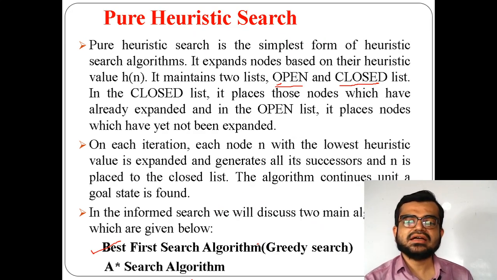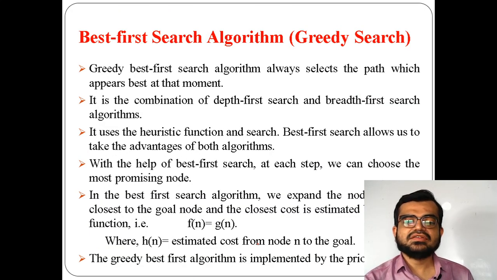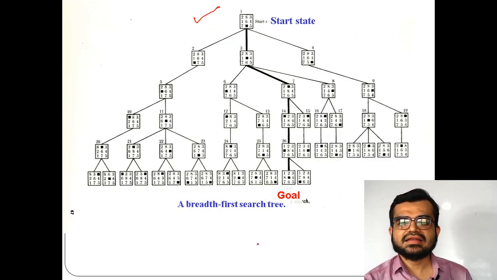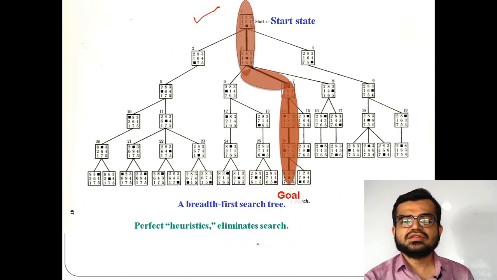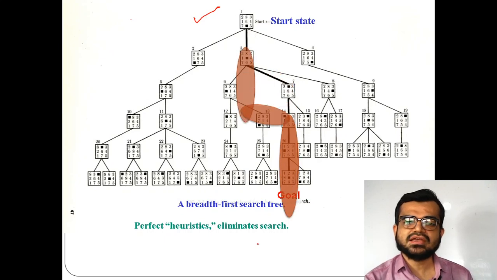and we have studied how the list can be divided into two lists, that is open list and closed list. And in this class we have seen greedy search only. I said that greedy search is a combination of DFS and BFS both, and here it is an example of BFS, but now if I want to make it a best first search, this is the perfect path by which I can reach my goal state.